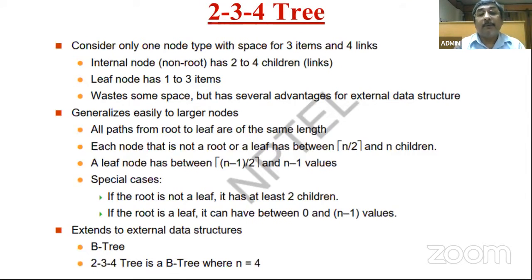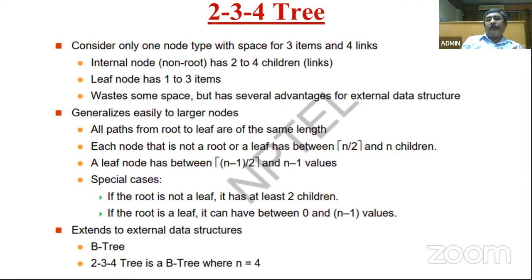If the root is not a leaf, it has at least 2 children. If the root is a leaf, it can have 0 to n-1 values, and all children are null. When I say two children, I mean non-null children, non-null pointers. Children means non-null pointers. So you can do one thing.